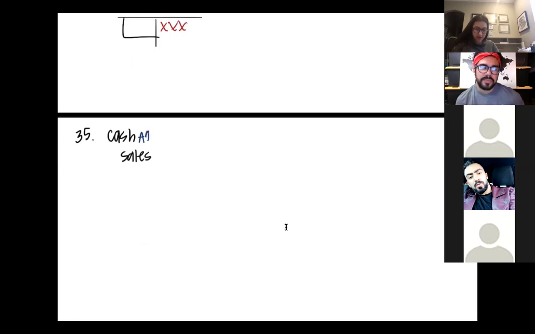So cash is an asset, and sales increase net income. Assets are understated because we didn't record the cash. Nothing happens to our liabilities, and our sales were not included, so our net income is going to be understated. Good.